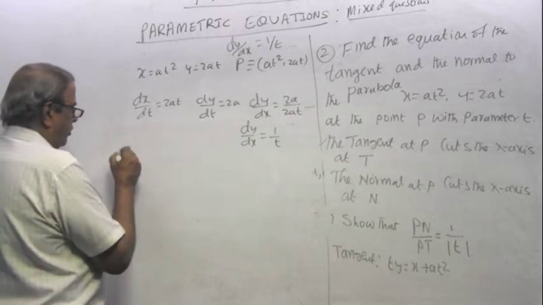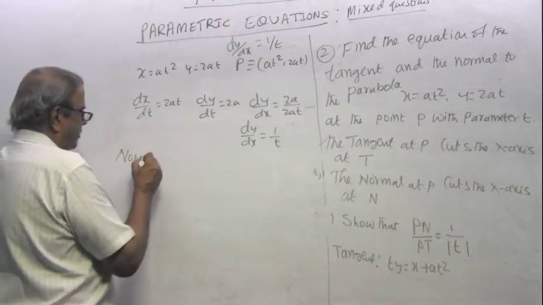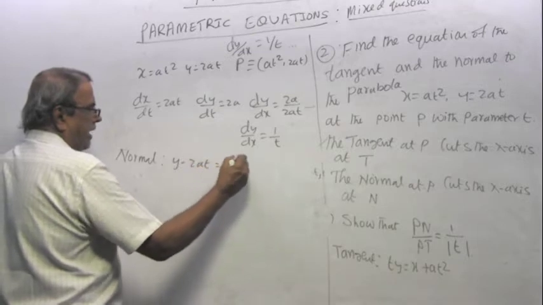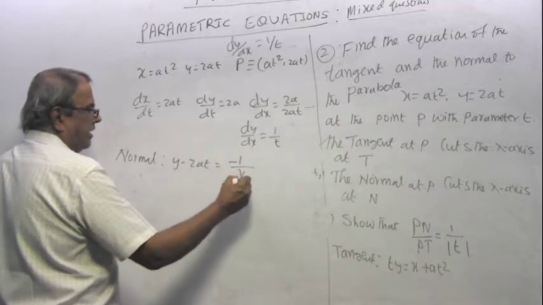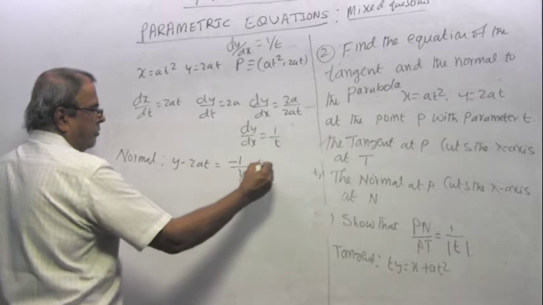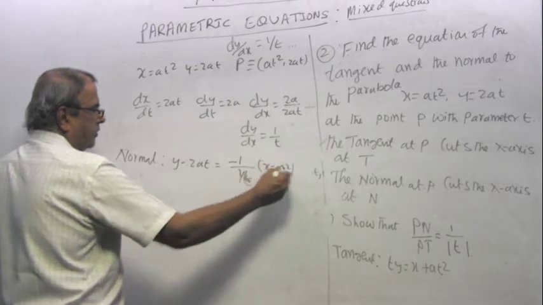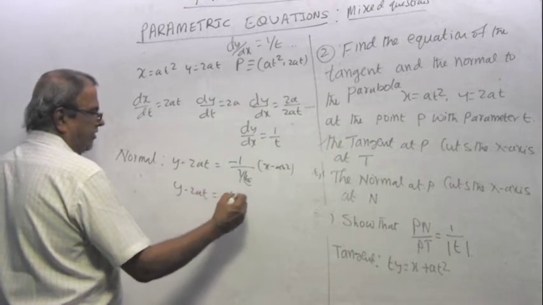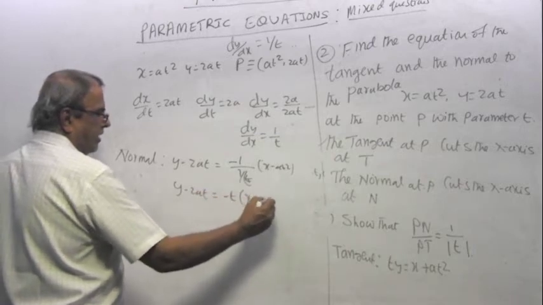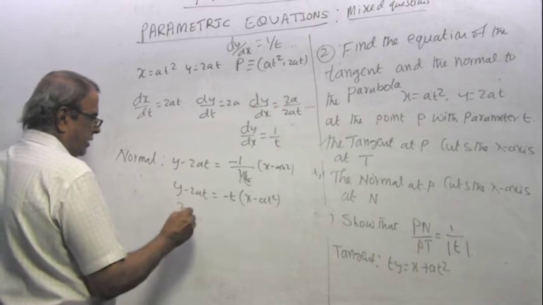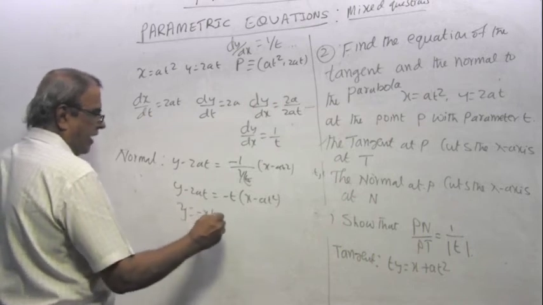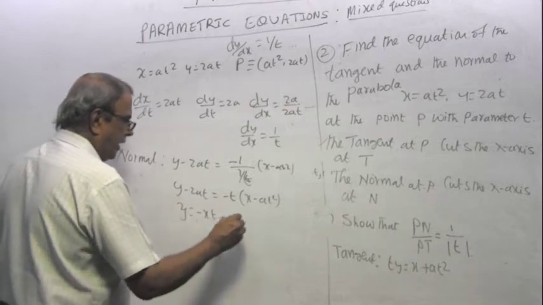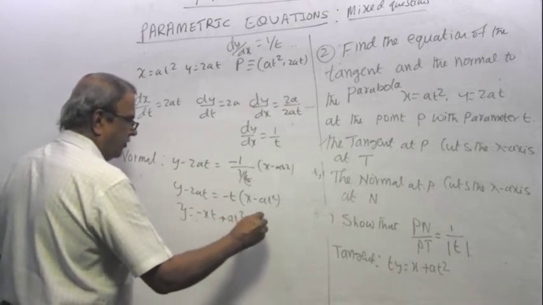2 marks for dy by dx, 2 marks for tangent, 2 marks for normal. Okay, so normal is y minus 2at is minus 1 over dy by dx times (x minus at squared), which is y minus 2at equal to minus t times (x minus at squared). y is equal to minus xt plus at cubed plus 2at.